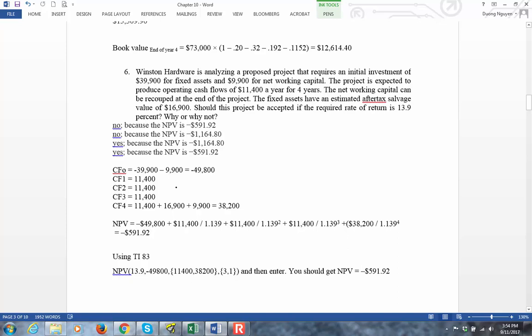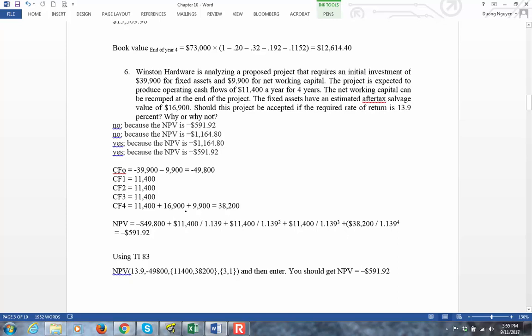Now the operating cash flow in year 1 is 11,400. Year 2 is the same, 11,400. Year 3 is the same. In year 4, on top of the 11,400 OCF, the after-tax salvage value is 16,900, which should be added to the cash flow in year 4.